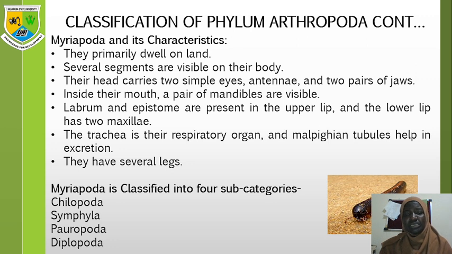There are poisonous forms of spider, and the centipede is also poisonous when it bites, and so on and so forth. So in this group we have some that are not harmful, and then we have harmful ones, causing many diseases in humans. The Myriapoda are also subdivided into 4 subcategories: the Chilopoda, the Symphyla, the Pauropoda, and then the Diplopoda.